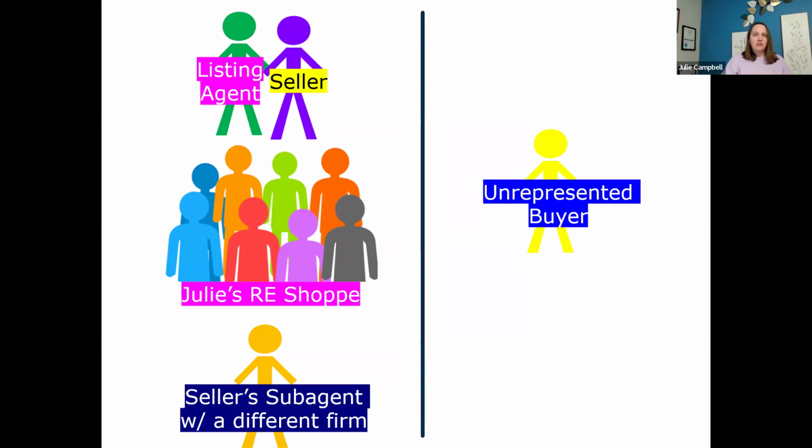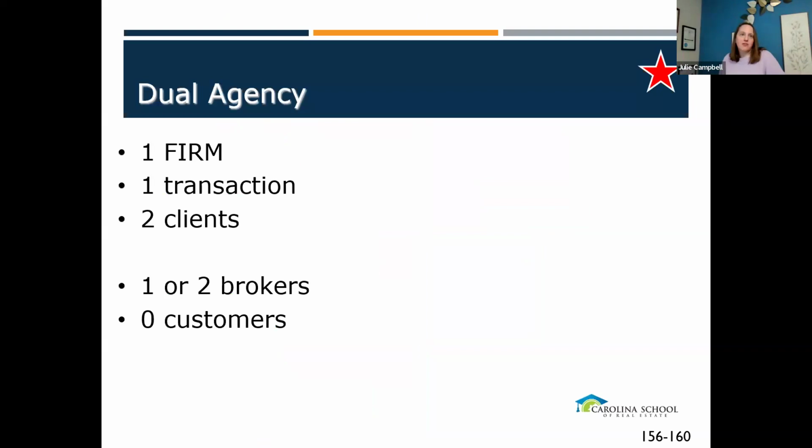All right, much long-awaited dual agency. The simplest form of dual agency I can offer you. To define dual agency, it's one firm, one transaction, and 2 clients. The seller has hired Julie's Real Estate Shop to sell 123 Main Street. The buyer has hired Julie's Real Estate Shop to help them buy 123 Main Street.